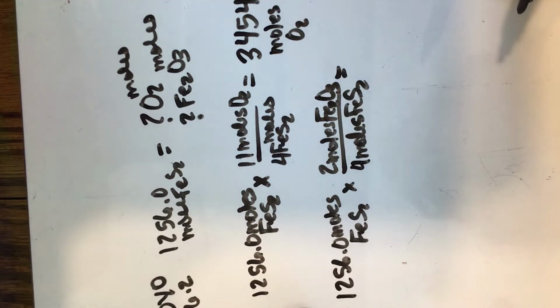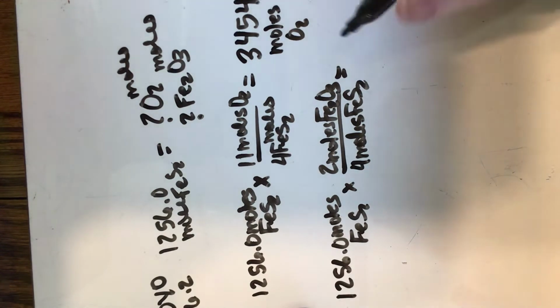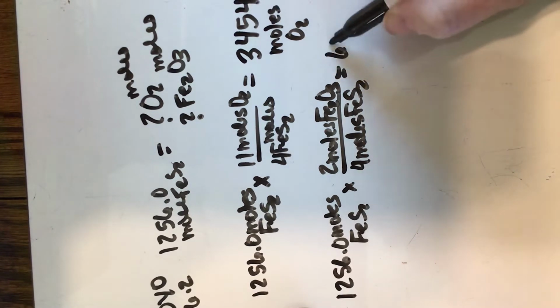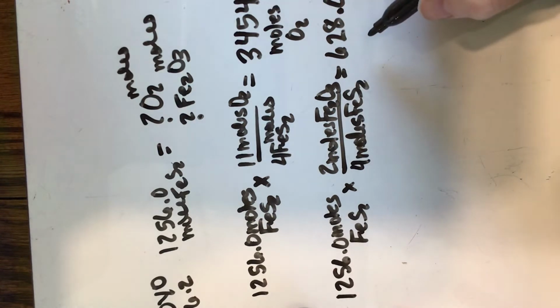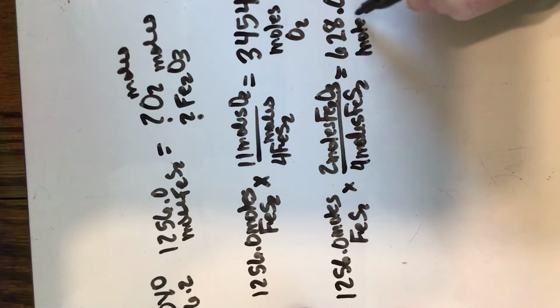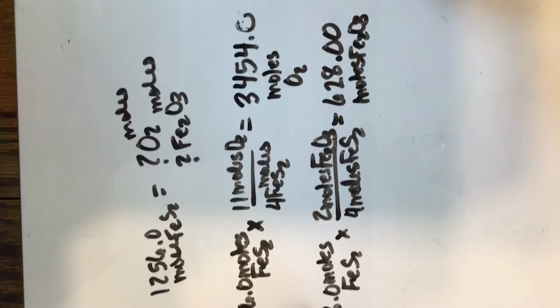So we take 1256 times 2, divide it by 4, and the answer we get is 628. We do want 5 sig figs, so we're going to write that as 628.00 moles of Fe2O3, okay?